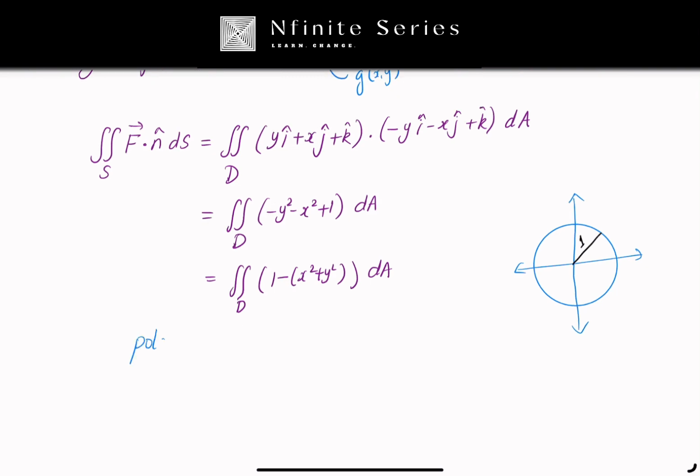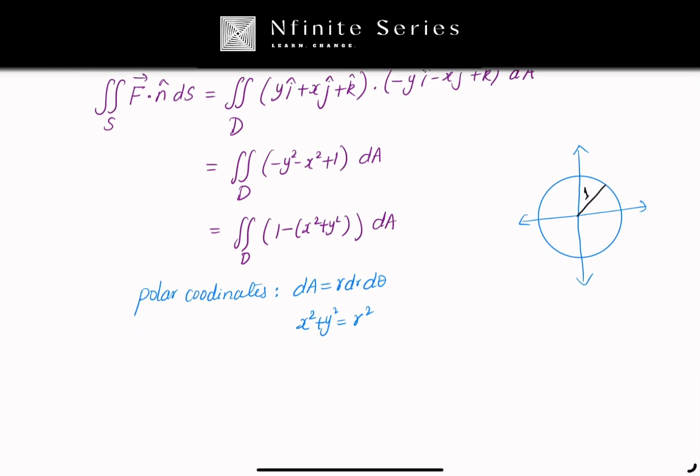Whenever you have such an integral, it's easier to solve it with polar coordinates, in which you have dA given by r dr d theta. The radius is connected with x squared plus y squared like this. The radius varies between 0 and 1, and the angle theta varies between 0 to 2 pi.